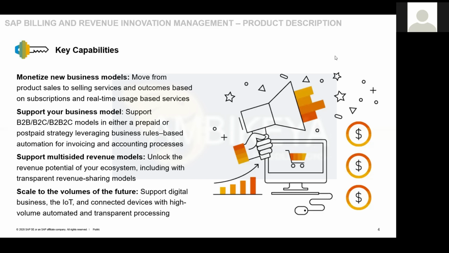What is important if you have a shared economy, we also support multi-sided revenue models where we have different partners in place, and with the BRIM solution we are able to control customer payment processes and partner processes as well, and we are able to have a dependence between both. So, which means if the customer does not pay, we are also able to get the money back from the partner if this is necessary according to the agreements.